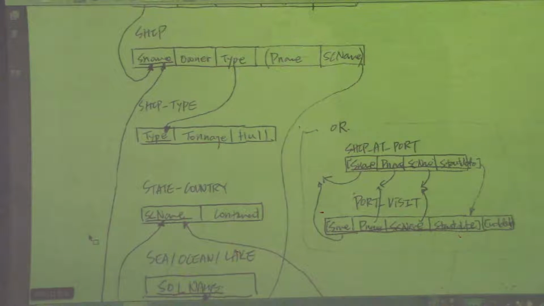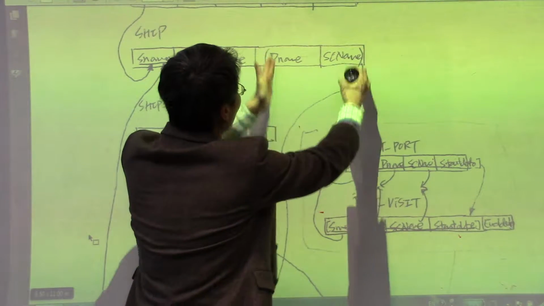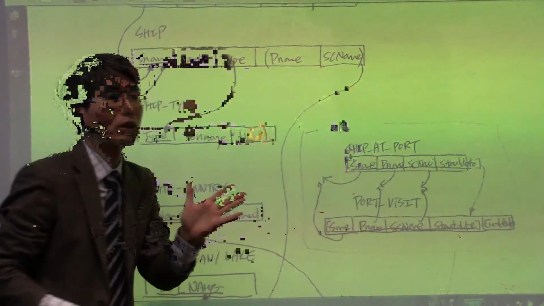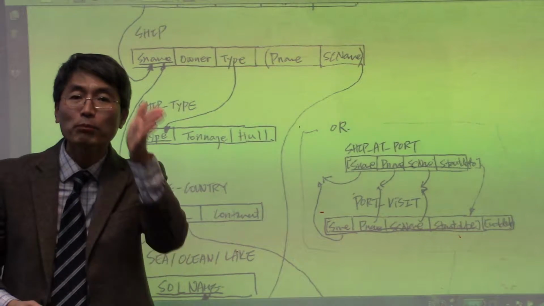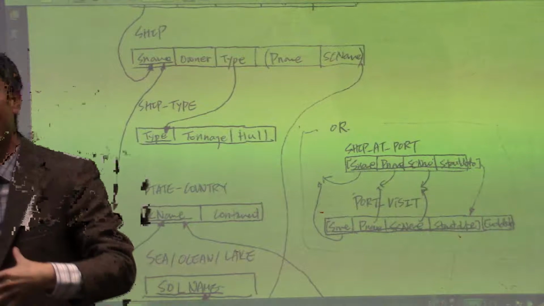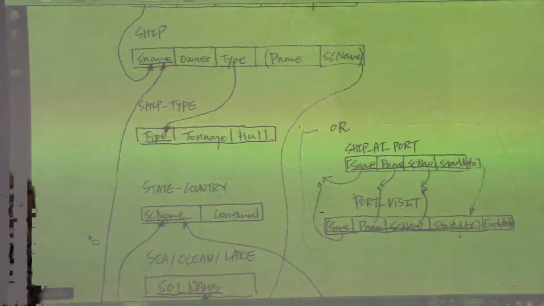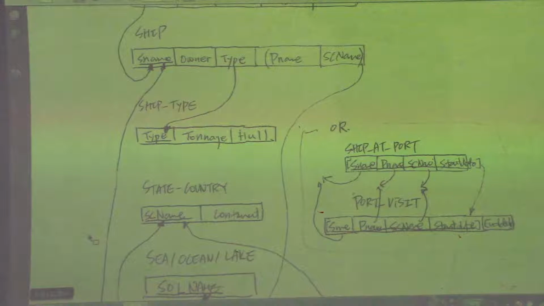Okay, you may realize. So for example, it's a combination. After combining P name plus SC name, it has the meaning, which means port name plus SC name, state country name. For example, we have the Bridgeport in Connecticut. There might be another Bridgeport, okay, in another state. Let's say California has a Bridgeport also.